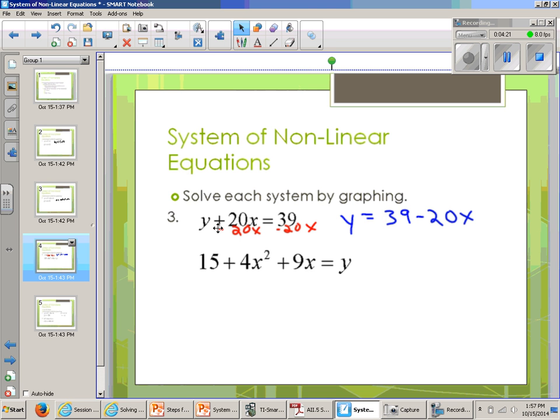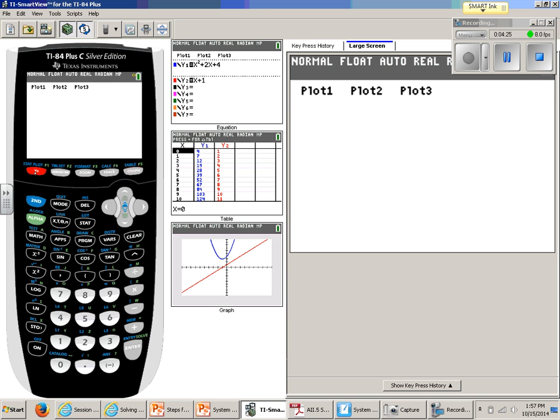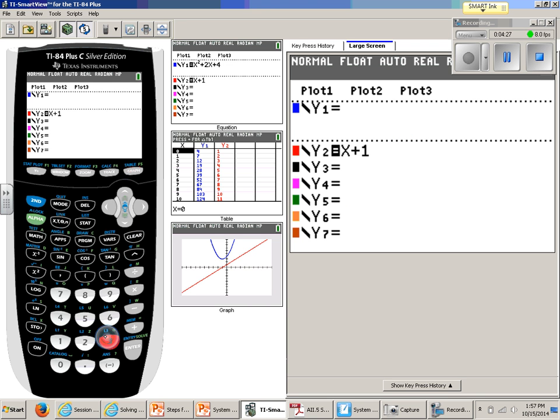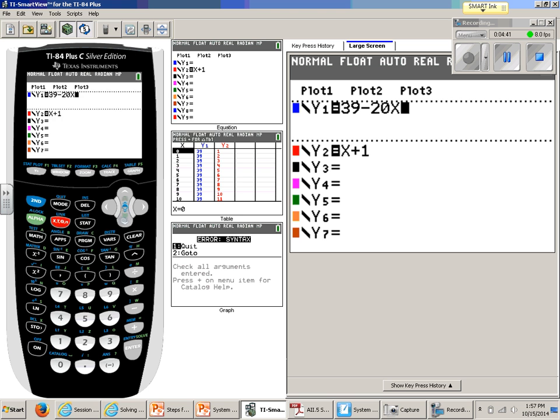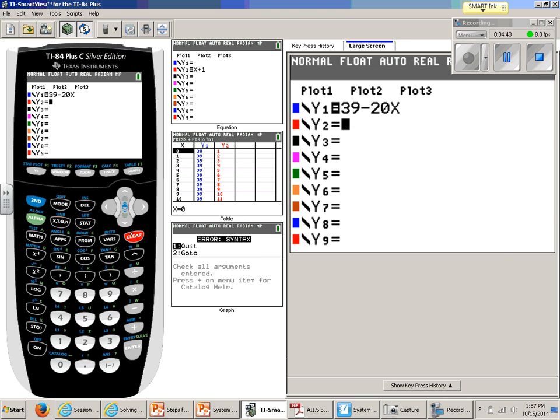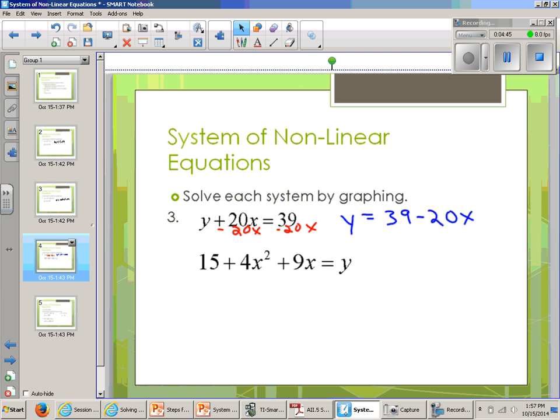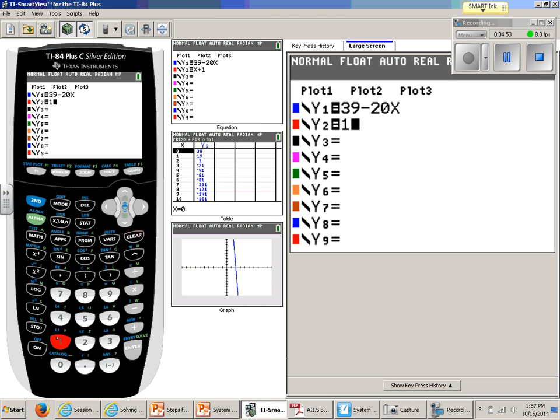So I'm going to put my 2 equations in the calculator: 39 minus 20x, and then we have 15 plus 4x squared plus 9x.